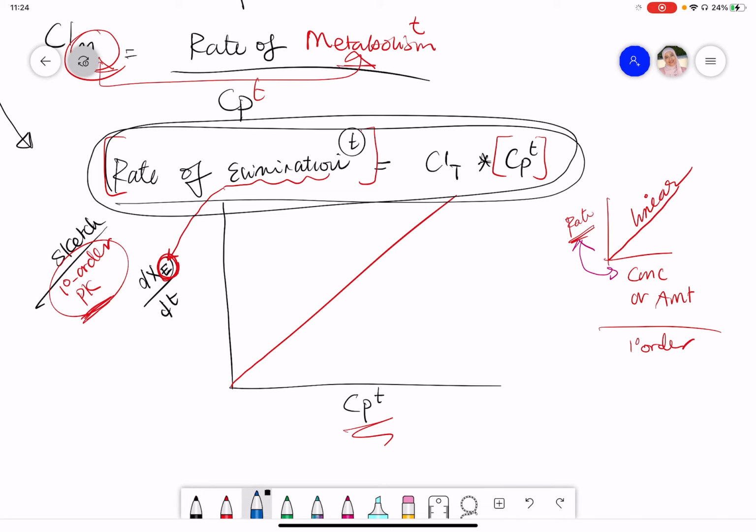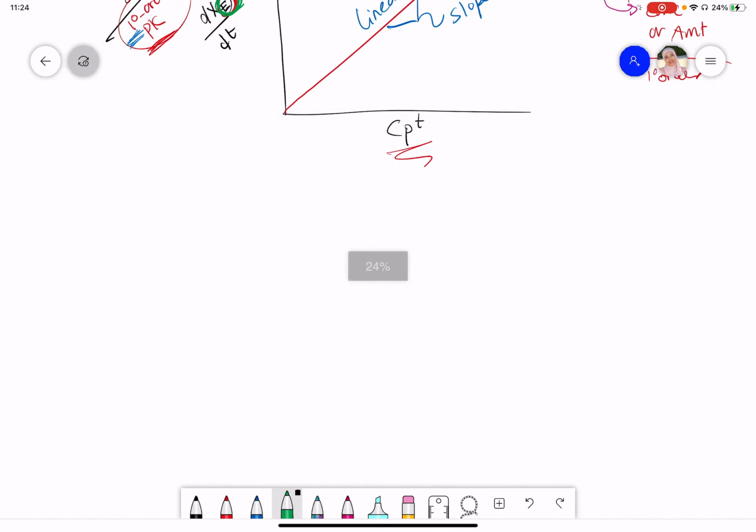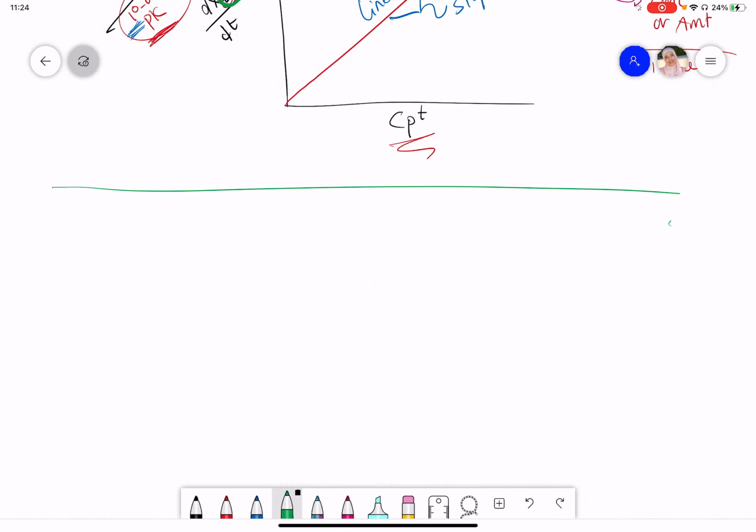The only additional information is that you will have a linear profile for sure, since it's first order kinetics, but the slope here would be equal to your total clearance. Just make sure you are drawing the elimination rate to get the total clearance.